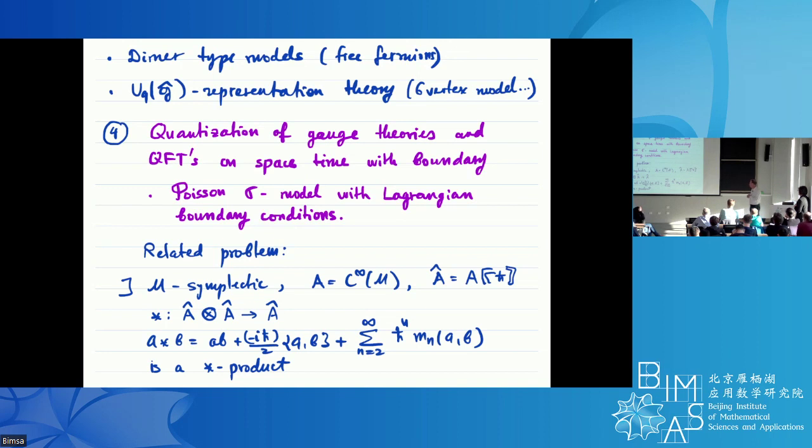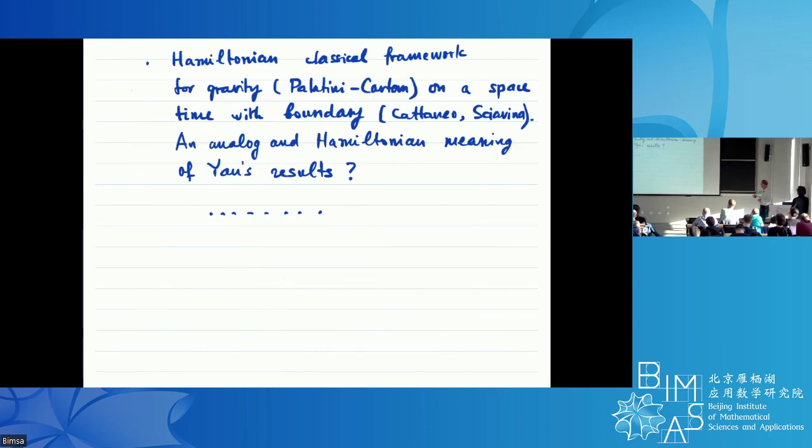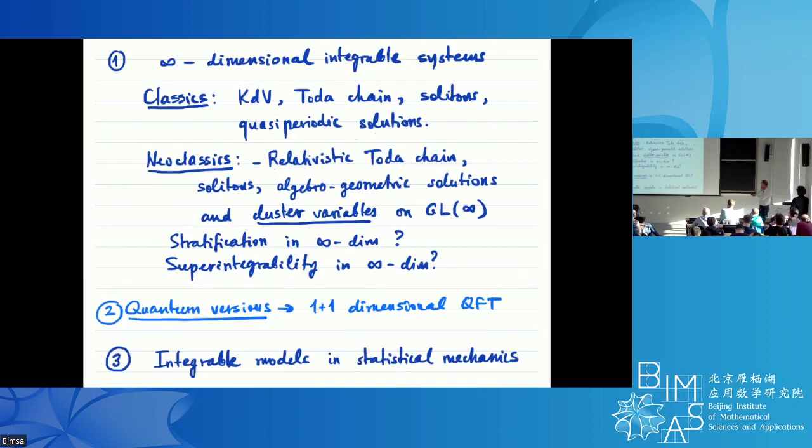So one way to deal with these infinite dimensional manifolds, say in field theory: when you are working on an infinite dimensional variational problem, if your functionals are local, then there is a very nice tool called the variational bicomplex.